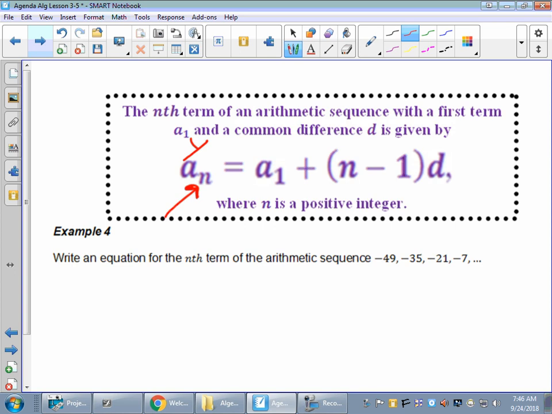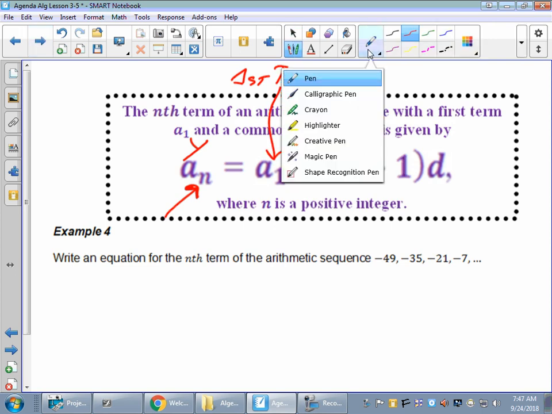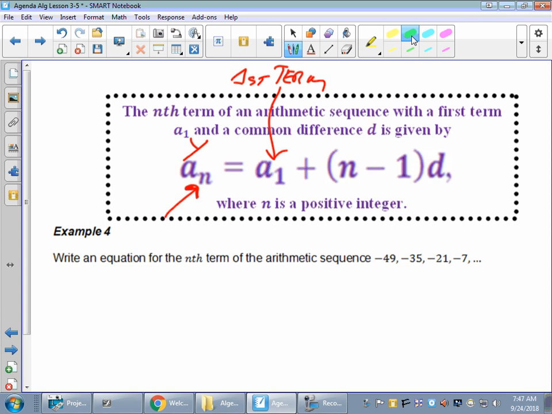We can plug in a term there, and you should be able to find out what it would be based on this equation. The first term we know here is a sub 1. That's going to be the first term here. And I'm just going to highlight that because I think it's important to point out that this is the first term, a sub 1. Sub 1 means the first term in the sequence. And then we've got our common difference over here.